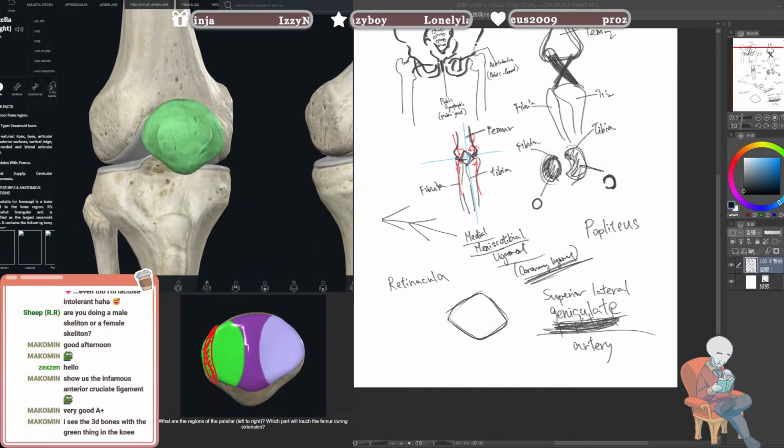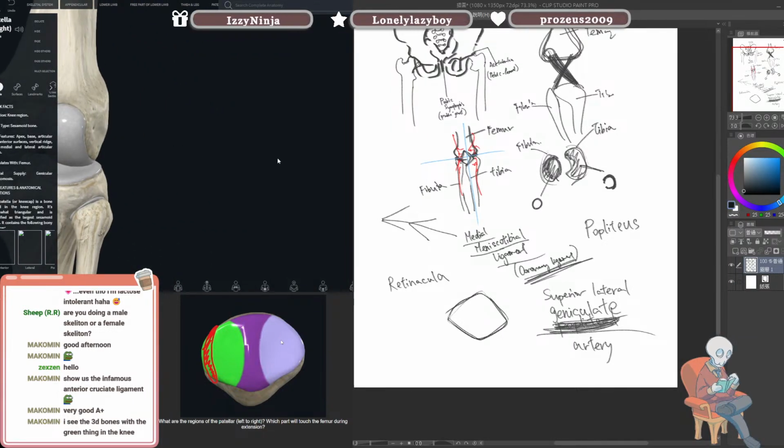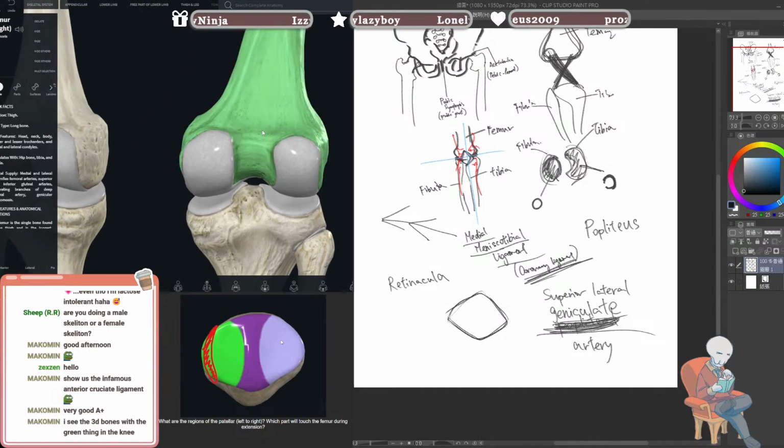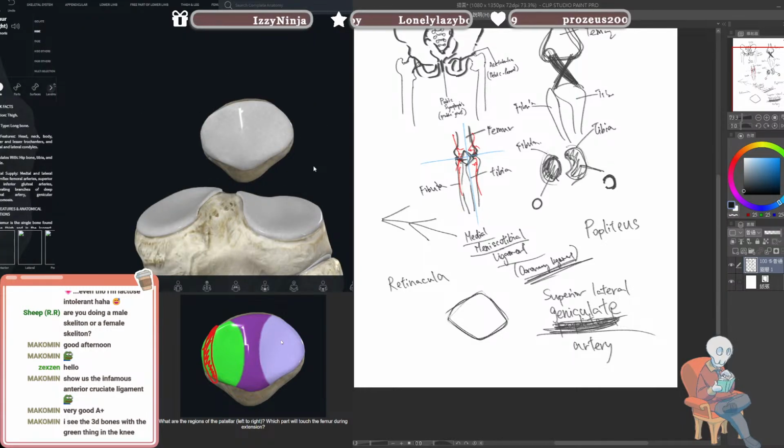I'm not sure if the texture shows it clearly here, but you can see the middle part is protruded. So this is the posterior side of your patella. Let me get these things out of the way.